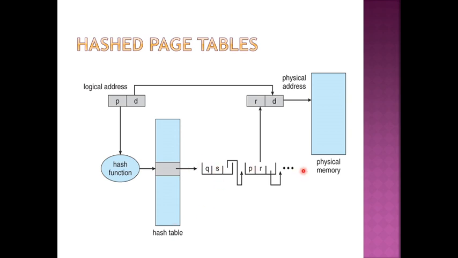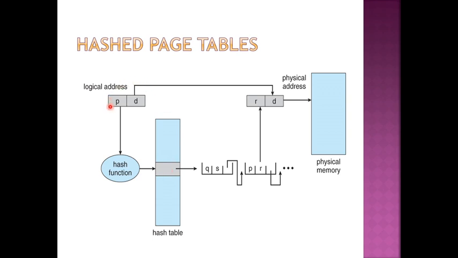It contains a linked list. Every element of the linked list has three parts. The first part gives you the virtual page number, and the second part gives you the real number, that is, the frame number. So every frame number of the physical memory is included here, and the last part gives you the address of the next element. So this is a linked list attached to this hash value.